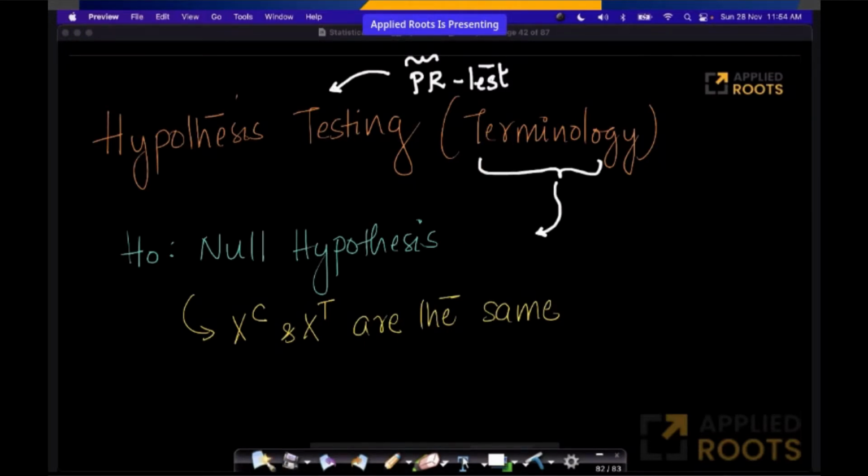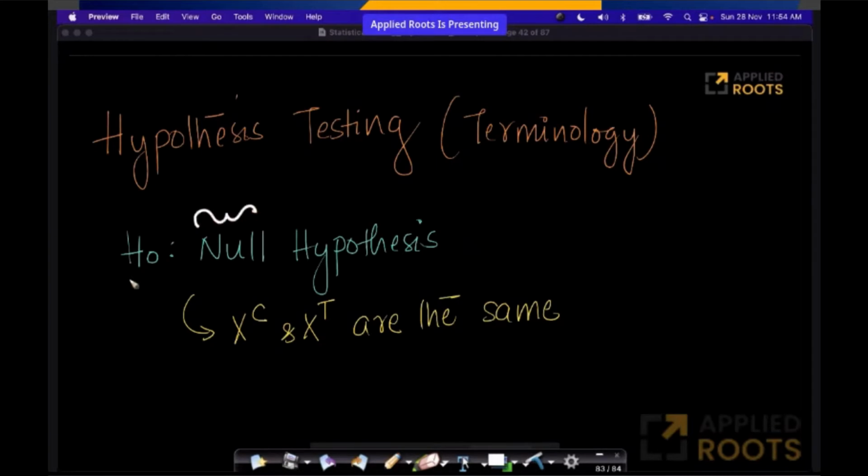articles, etc. So there is something called a null hypothesis, often written as H0. A null hypothesis, in our case, I'll connect everything to our case, is that the control and the treatment are the same. This is the hypothesis that we simulated. Remember, which one to choose as the null hypothesis is slightly tricky.